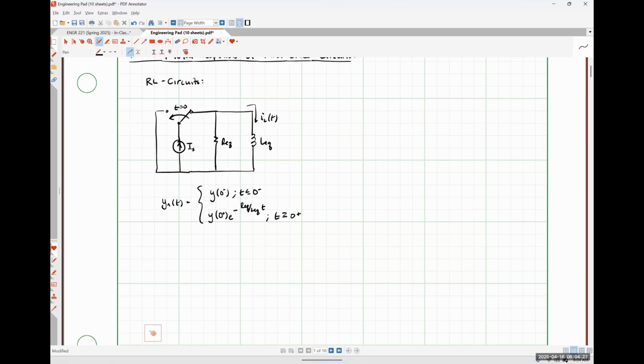Okay. And we also looked at RC circuits. So something akin to this. So here's our REQ. Here is our CEQ.